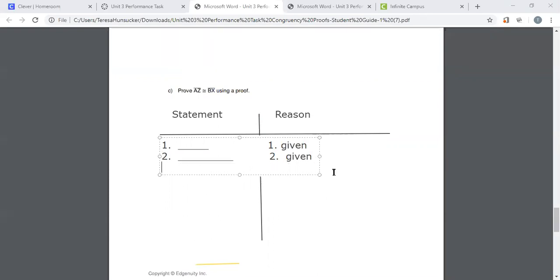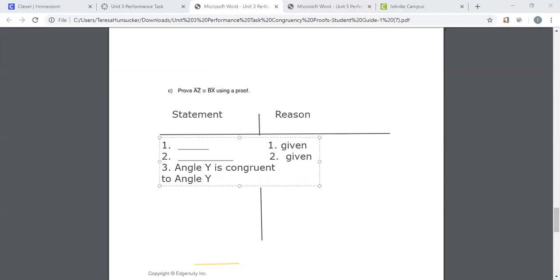Now we're going to use one of the ways we can prove the triangles congruent. And the only way we can actually do it based on the diagram is to show that angle Y, because it's shared by both triangles, angle Y is congruent to angle Y. And you can say that.